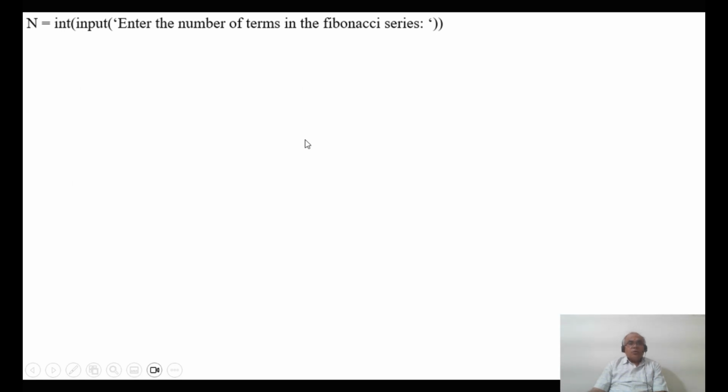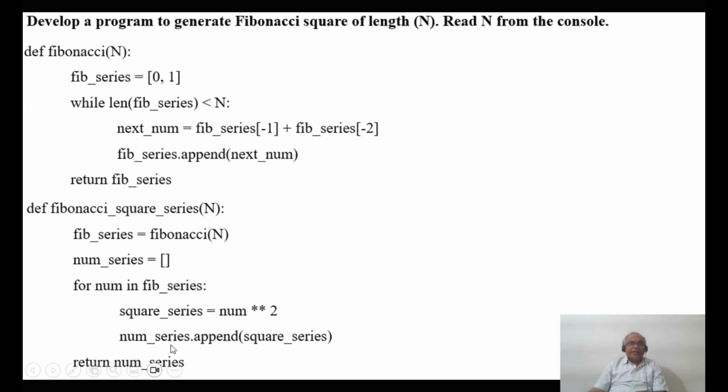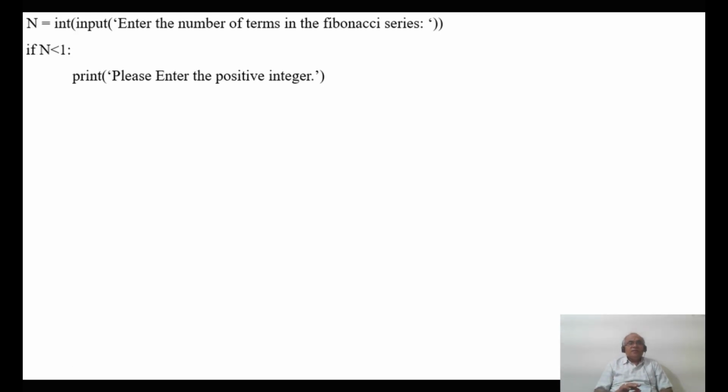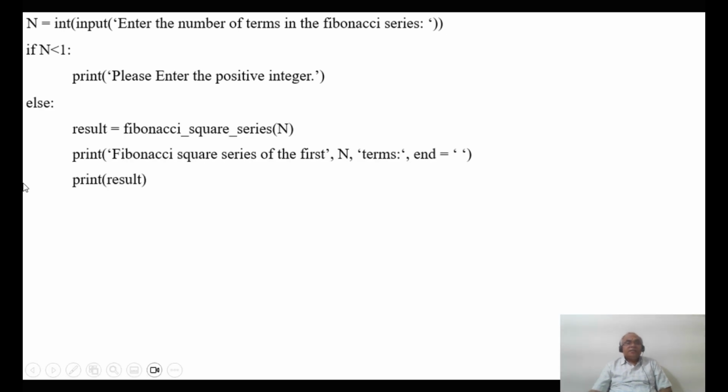Okay. So the num series we are going to get here. The num series that we have is the square of each Fibonacci series number. So you got the square of each Fibonacci series number. So the entire list comes here directly.